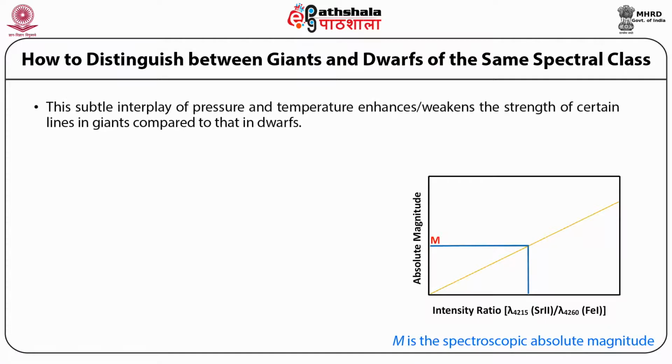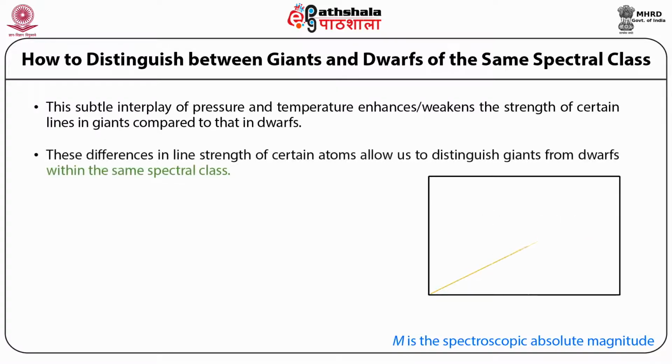This subtle interplay of pressure and temperature either enhances or weakens the strength of certain lines in giants compared to that in dwarfs. These differences in line strength of certain atoms allow us to distinguish giants from dwarfs within the same spectral class.